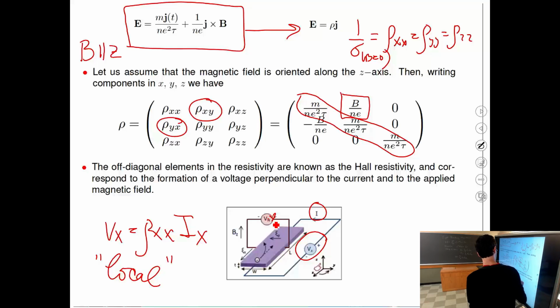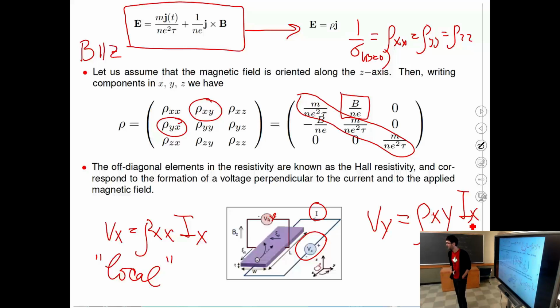The board is not good enough for this, but Vy is going to be equal to rho xy times Ix. So I'm sending current in the x direction, same way as before. I'm measuring voltage in the y direction, and that voltage is not 0. And that's thanks to Hall effect, thanks to these off-diagonal terms in the resistivity matrix.